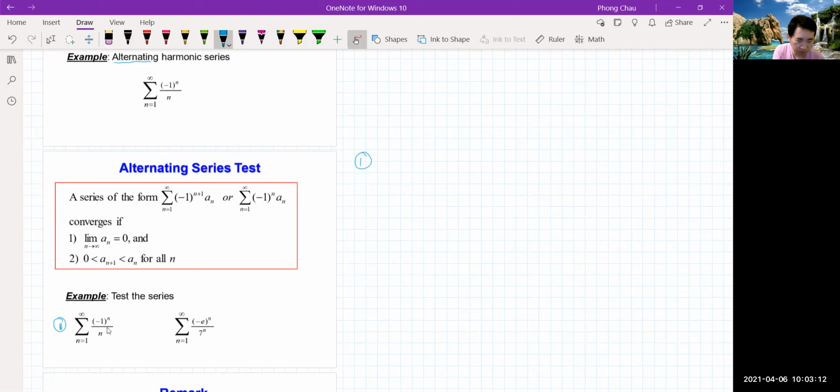If you take away (-1) to the n, then your a sub n is really 1 over n. Or let me make it precise: you can rewrite that as (-1) to the n power times 1 over n, from 1 to infinity. If I rewrite it this way, you can see this is an alternating series.